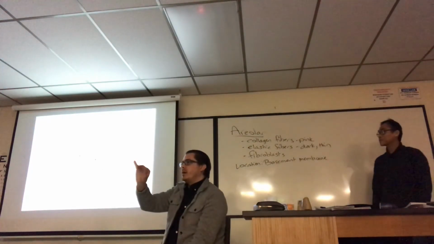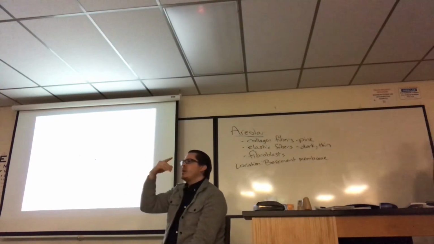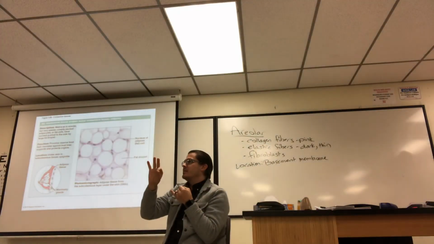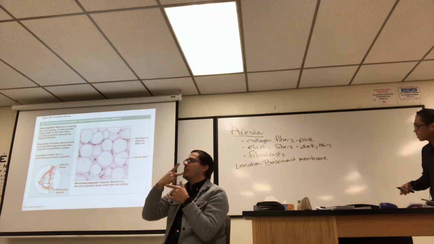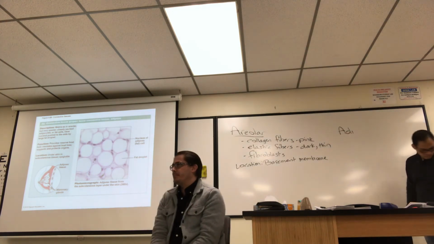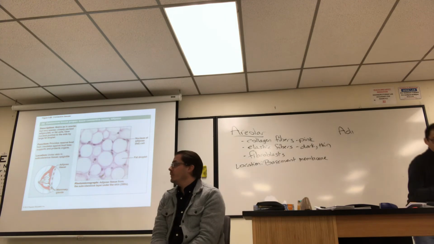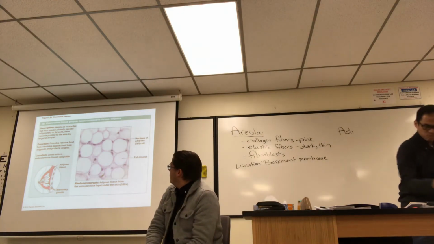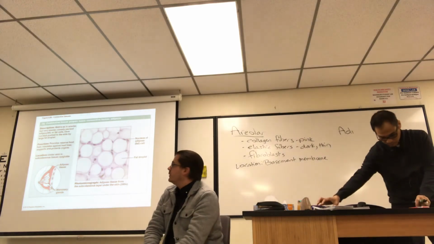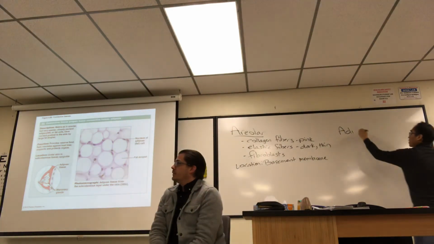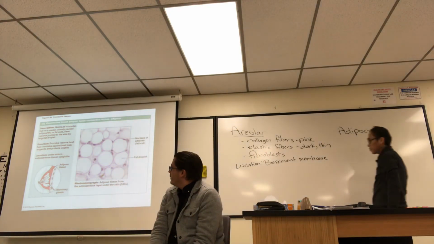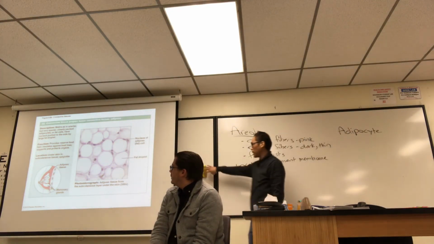Now we have adipose. Adipose, there are basically no fibers that I can see. Mostly what I see in this tissue are the adipocytes. Whoops, let me write adipose, then the cell is adipocytes.